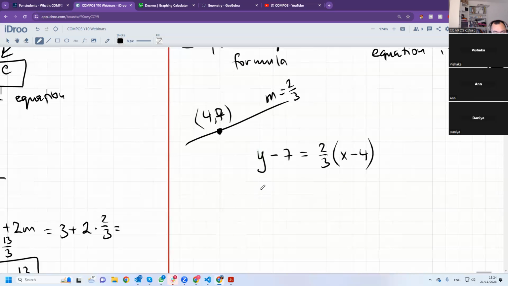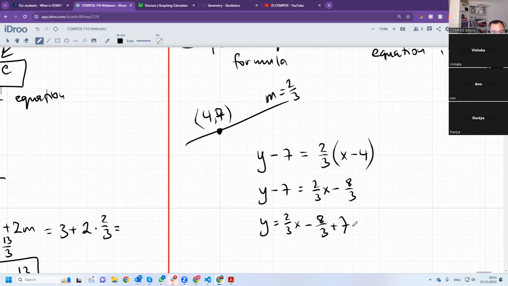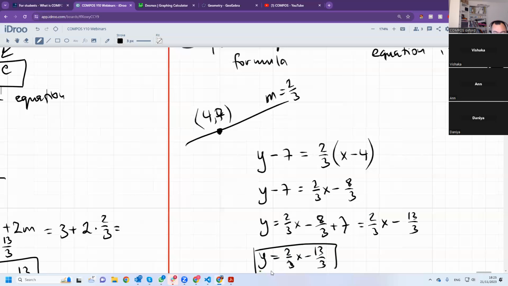You expand the brackets, so y minus 7 equals 2/3 x minus 8/3. So y is equal to 2/3 x minus 8/3 plus 7, which should give you 2/3 x plus 13/3. 21 minus 8 is 13. So y is 2/3 x plus 13/3. So we got the same result.